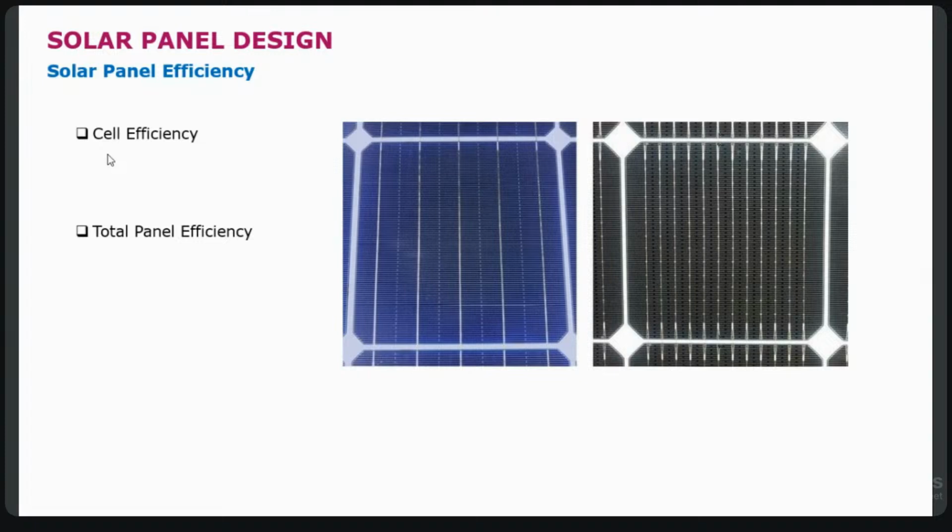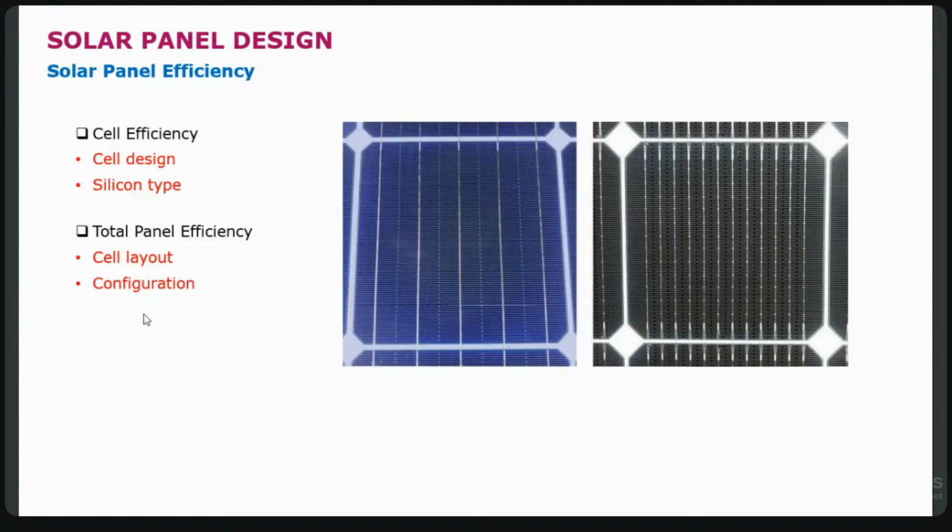In cell efficiency, we have the cell design and the type of silicon material, whether poly or mono. For total panel efficiency, we need to know the cell layout, whether it is series mounted or parallel mounted, and also the panel size and its main effect on panel efficiency.